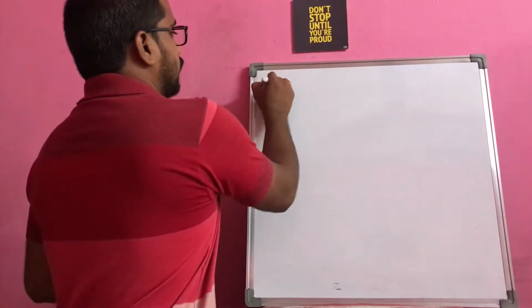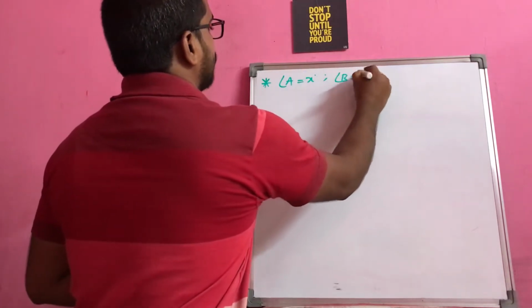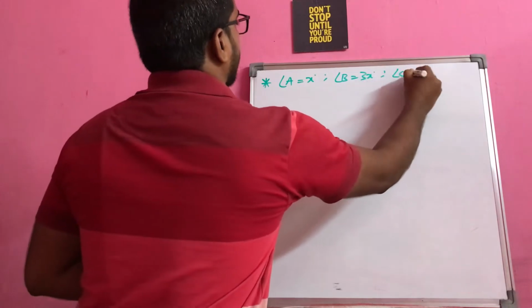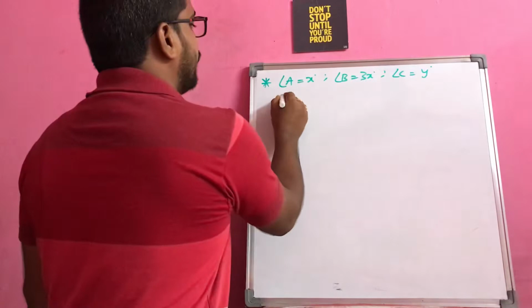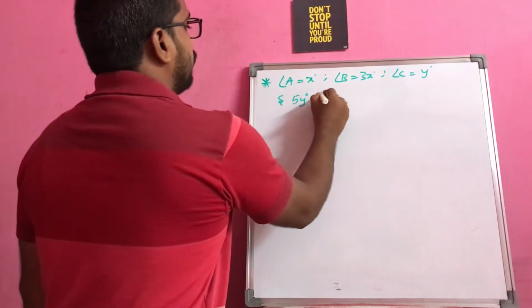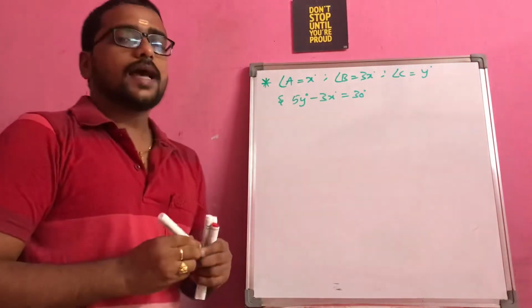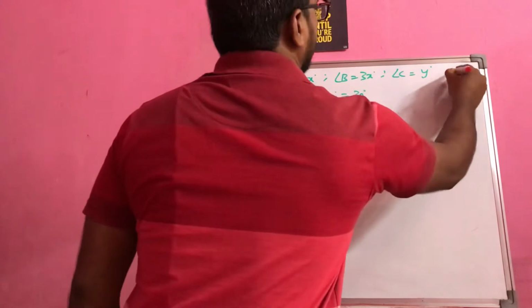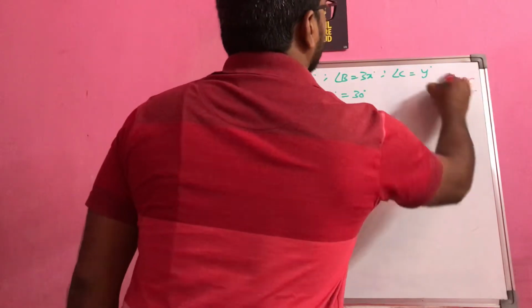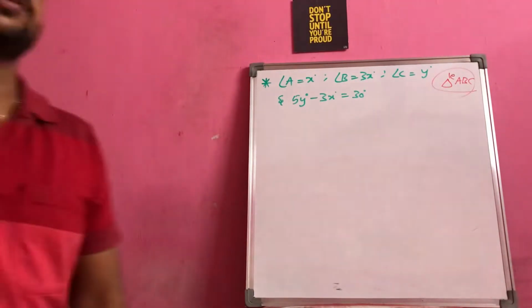See this question. They had given in a triangle, angle A is equal to x degree, angle B is equal to 3x, angle C equal to y degree, and 5y minus 3x degree is equal to 30 degree. We have to comment about the triangle. So what they said initially, in a triangle ABC. So first let us see how we have to start thinking about this question, and then we can think of how to proceed for this.